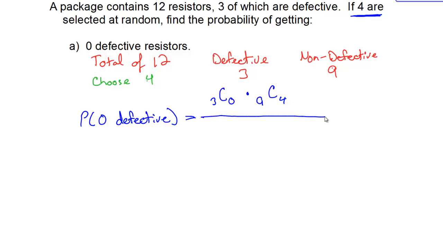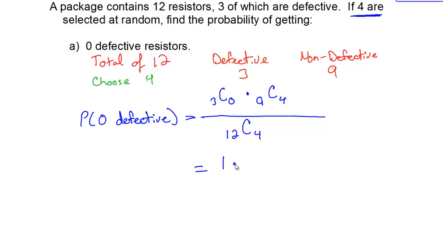That's my numerator. My denominator is how many total I have. So I have a total of 12, and I'm going to choose a total of 4. Then I can do the actual calculations. Well, 3 choose 0 is 1.